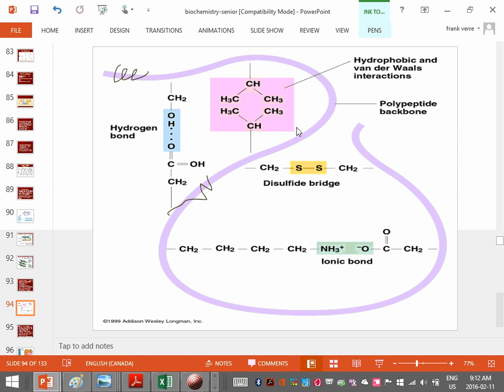Tertiary level. And it's held by four types of bonds that you're seeing here. So here is a hydrogen bond. Here is a bond between two things that do not like water, so it's called a hydrophobic interaction. Okay. Here is a disulfide bridge. And here is an ionic bond.